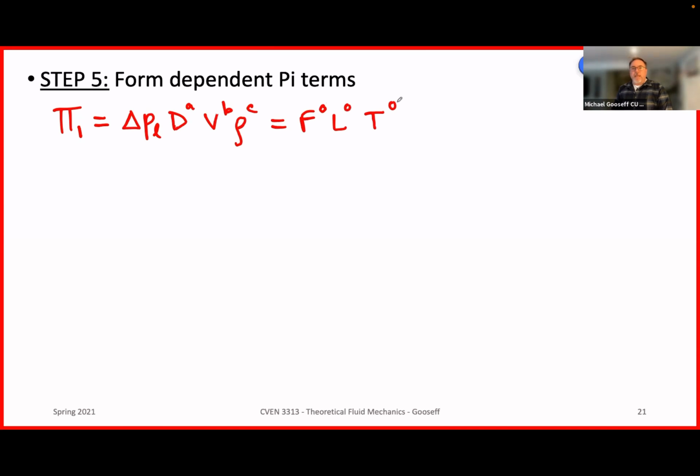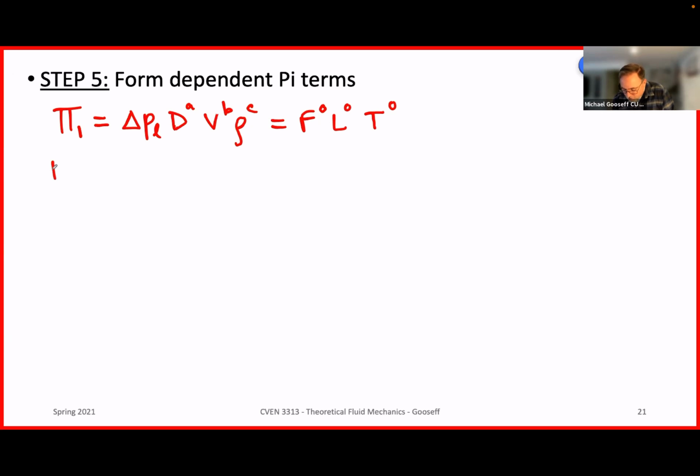So what that means is I'm going to rewrite each one of these variables in terms of their dimensions and figure out A, B, and C so that I get unique values so that F, L, and T all end up with 0. Okay, so let me show you how I do that.